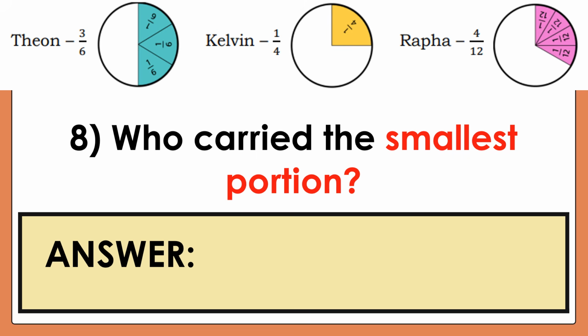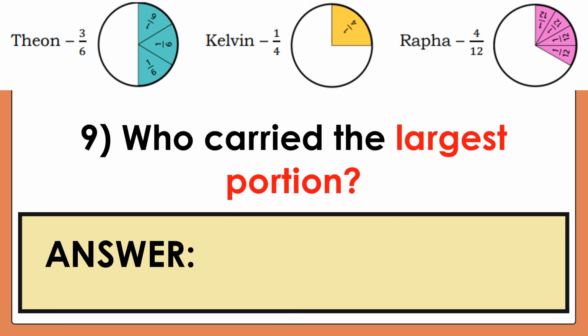Number 8, who carried the smallest portion? The answer, Kelvin. Number 9, who carried the largest portion? The answer, Theon.